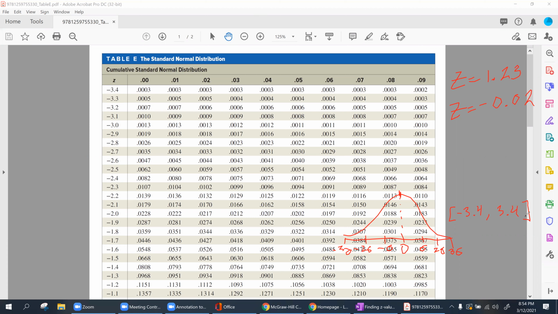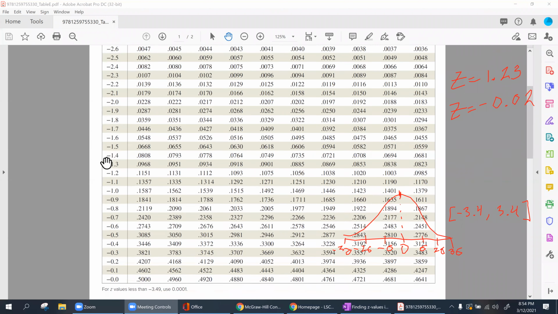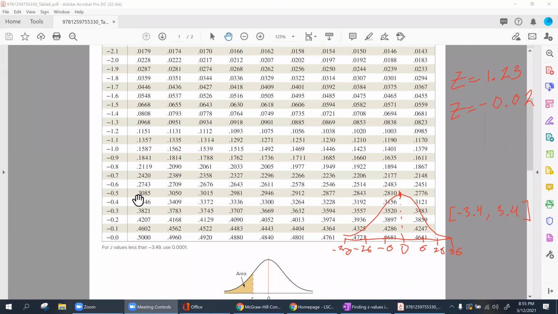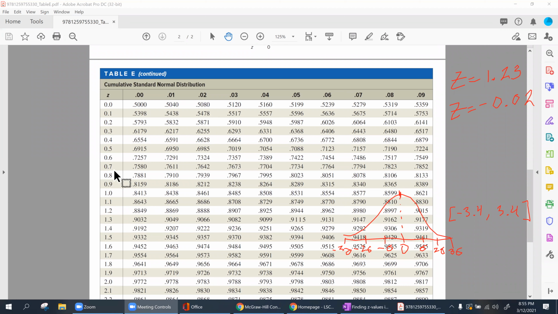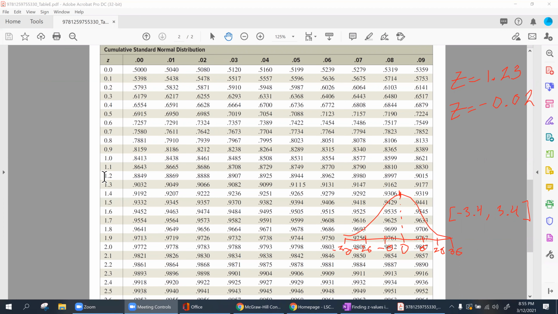If I asked you what the value is when z equals 1.23, you scroll down. One page has the negative values, the other has the positive values, and I'm going to look for 1.2.